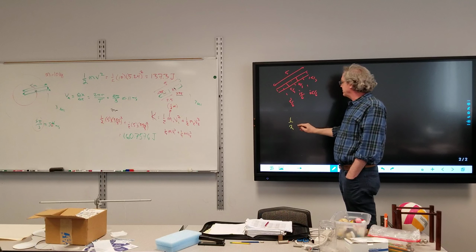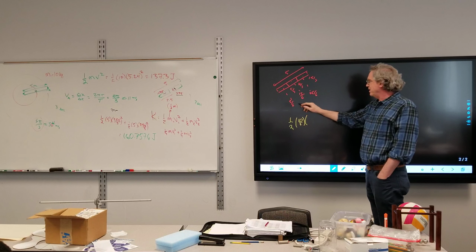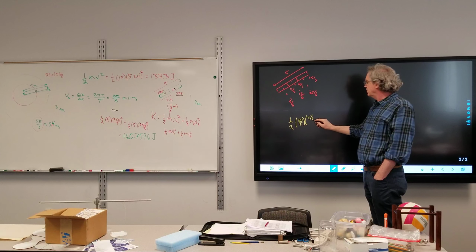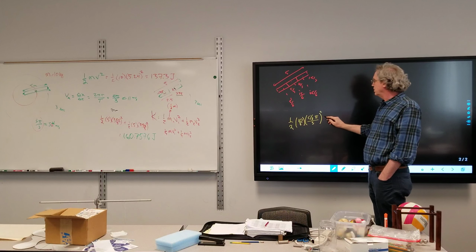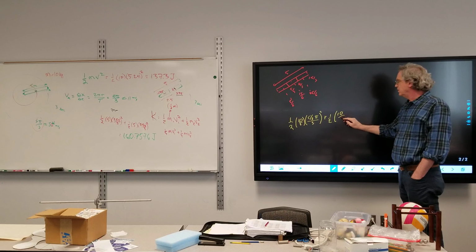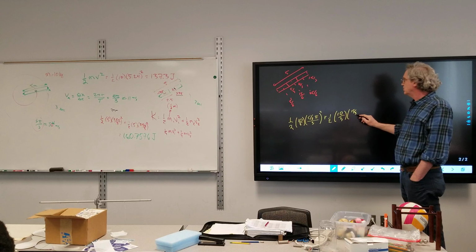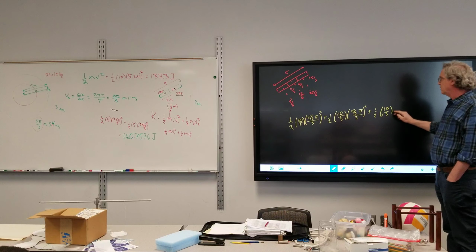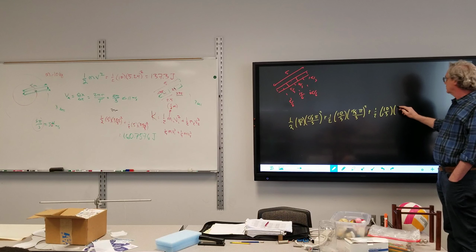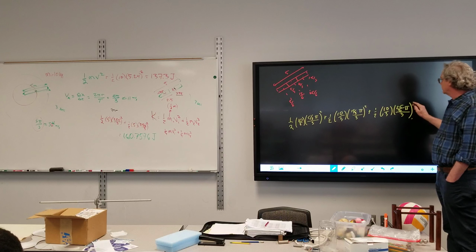And so it would be 1/2 times the mass, 10/3, times 5/6, so 5/3 pi over 3 squared, plus 1/2 times 10/3 times 15/3 pi over 3 squared, plus 1/2 times 10/3 times 25/3 pi over 3 squared.